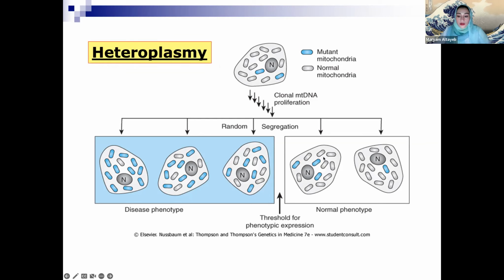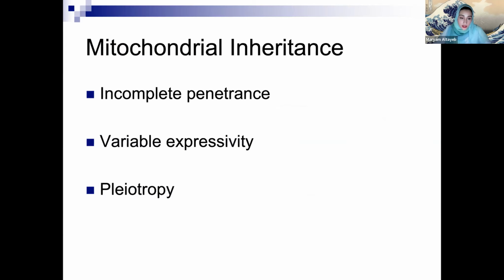So just remember, if you have, let's say, 75% that's mutated, for example, that would manifest as disease. And then others, you would have less, and that's why you have less clinical manifestations. So even though people might have the same mitochondrial disease, because of this difference in percentage, you might have different clinical manifestations as a result of that.